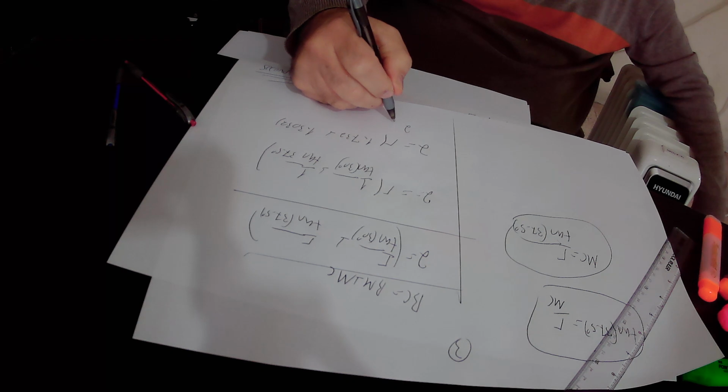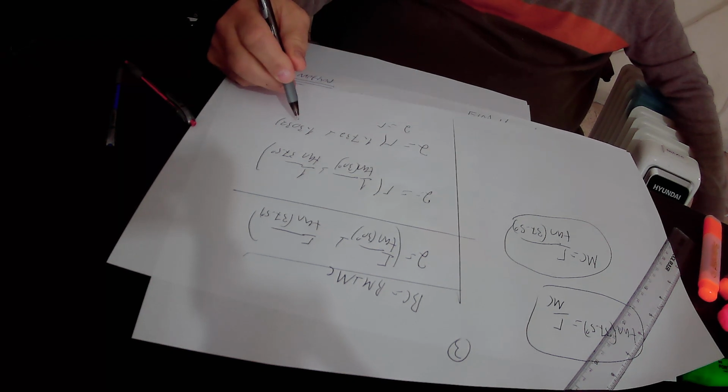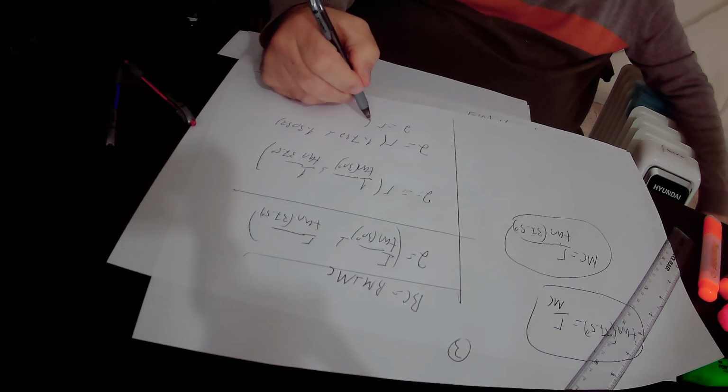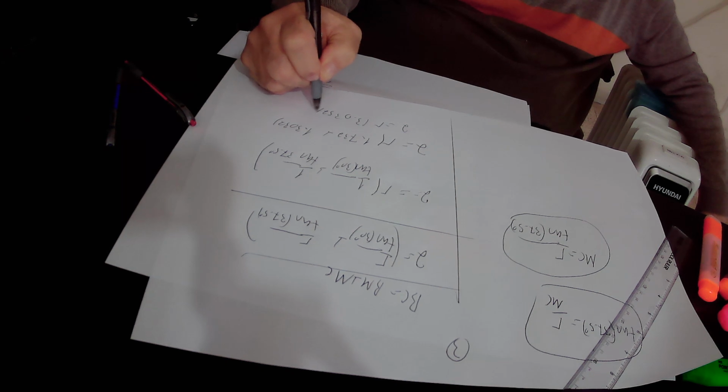So 2 equals R times (1.732 plus 1.3032), which equals R times 3.0352.